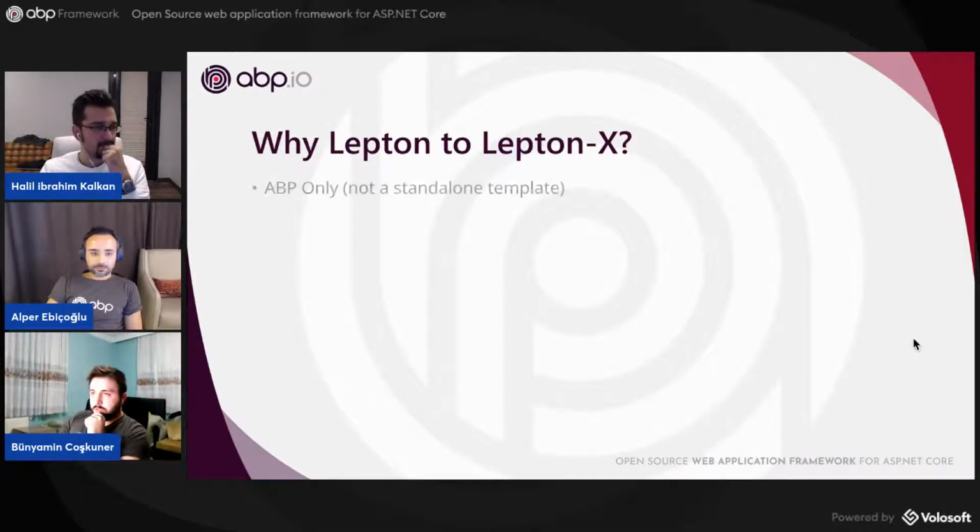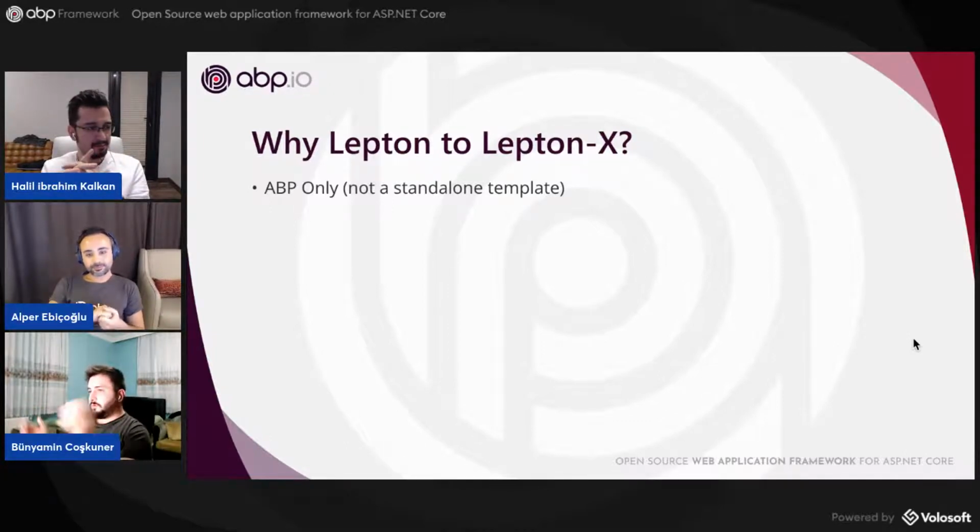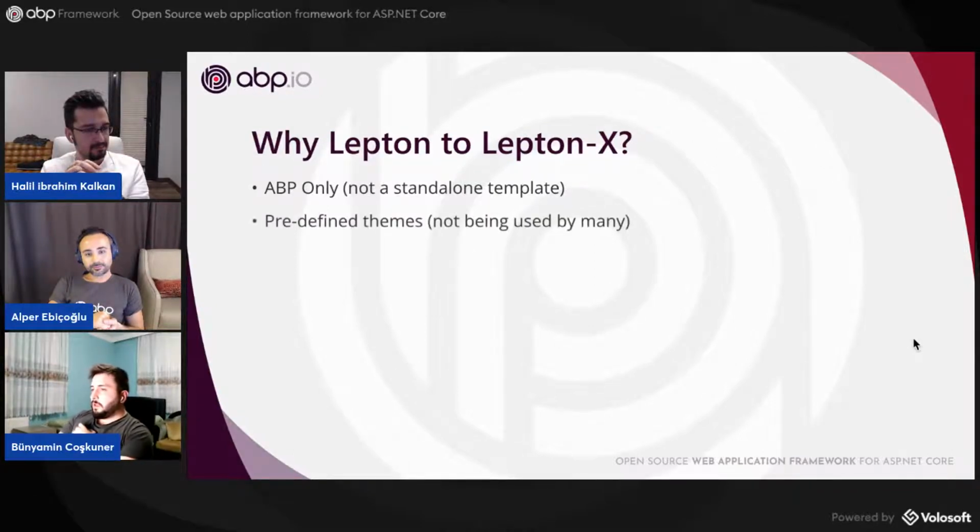Why did we do that? Let's talk about that. Lepton has been only for ABP. So you can use it with ABP templates, but it is not a standalone template yet. Let's say you have a project that is written in Java or something else, and you want to use Lepton, you can't really do that. It's ABP only. And there are the predefined themes I just showed you that are not being used by many because these colors do not fit you.